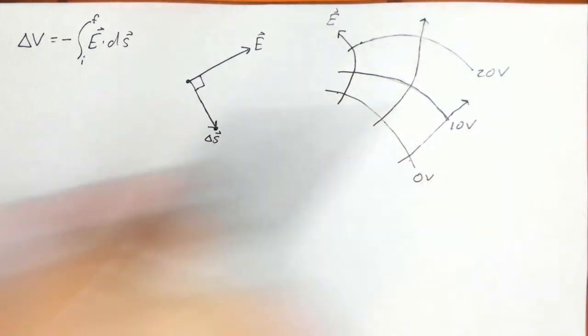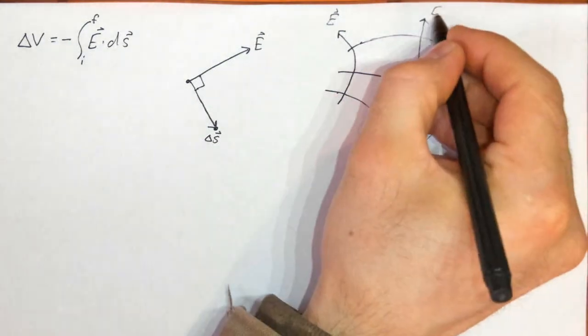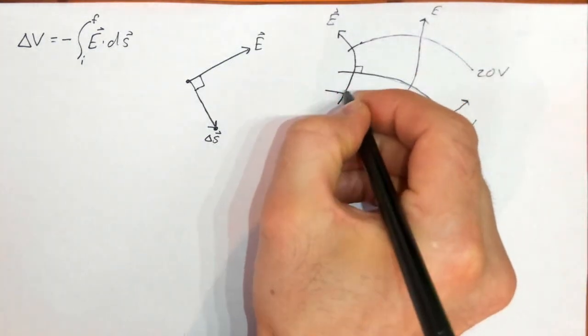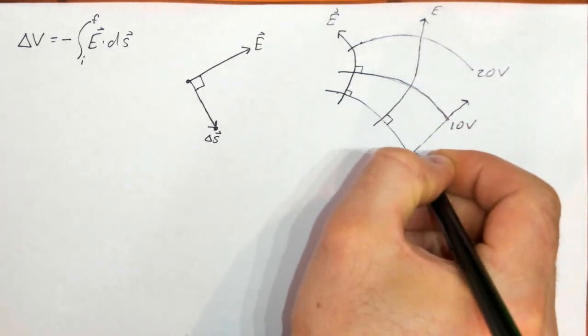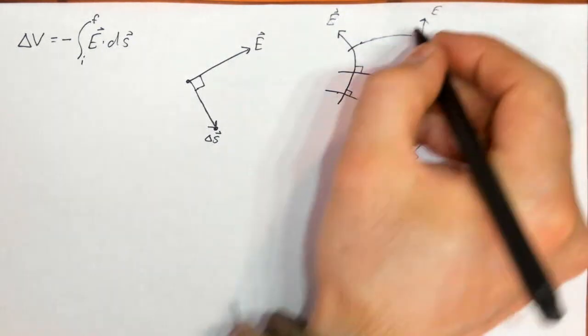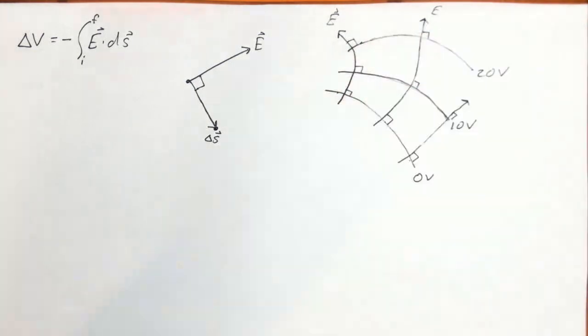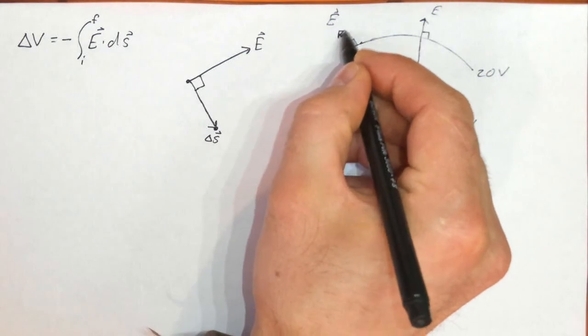Those would be my lines of electric field. But the point is that every line of constant potential is perpendicular.